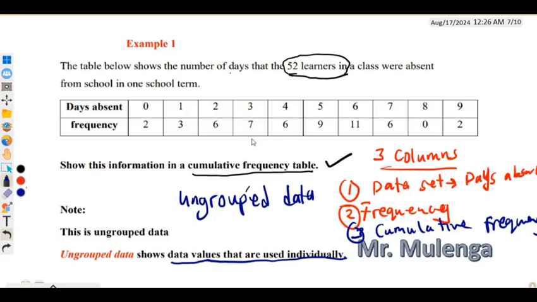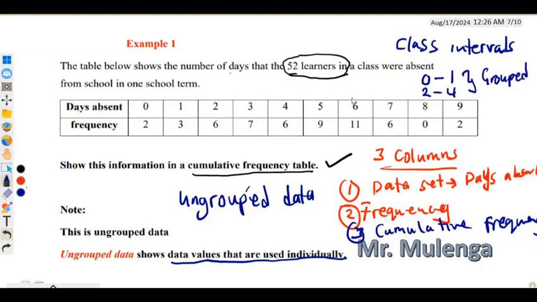So we have two types of data: ungrouped data and grouped data. When the data values are listed individually like this, you know that this is ungrouped data. But if the data is grouped in class intervals, for example 0 to 1, 2 to 4, this is what we call grouped data.